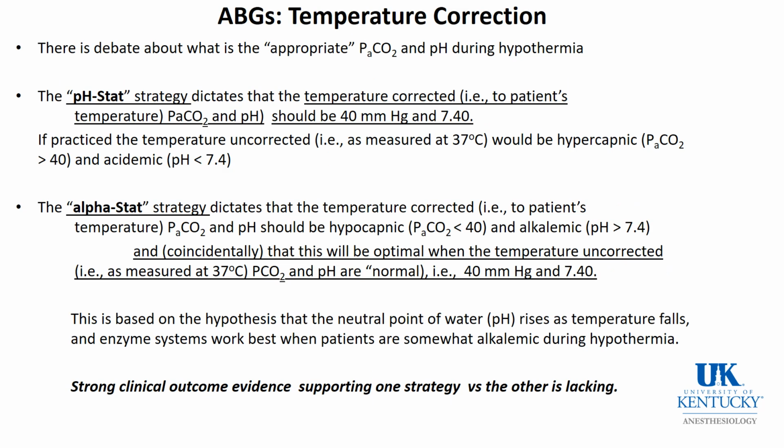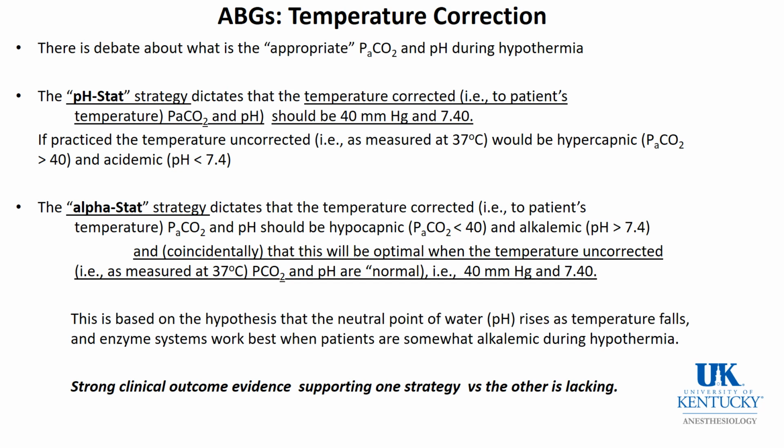Now, the real debate is what should the pH and the PCO2 be during hypothermia? In the old days, we thought that the pH and the PCO2 ought to be the same in the temperature-corrected gas as it is normally. In other words, the temperature-corrected pH should be 7.4 and the temperature-corrected CO2 should be 40.